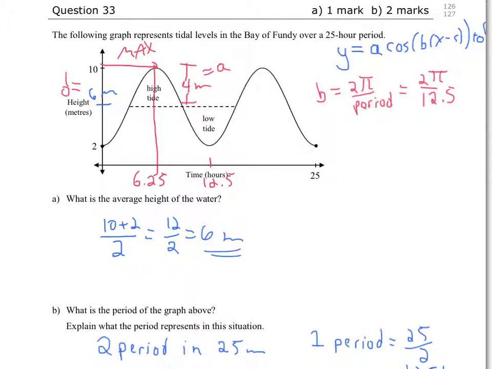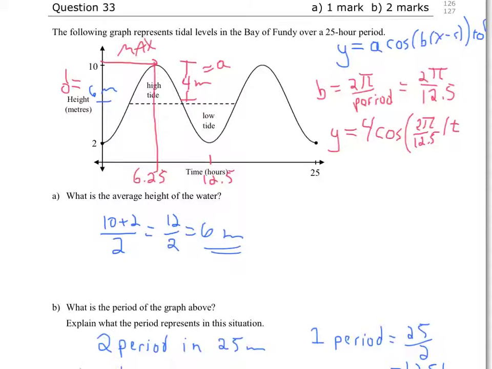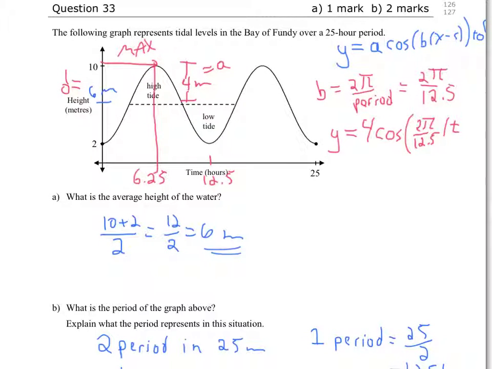So the equation for cos is y equals 4, because that's the amplitude, cos of 2 pi over 12.5, and I'll probably use t for time instead of x, times t minus 6.25.